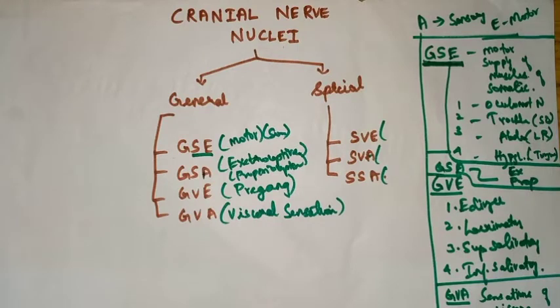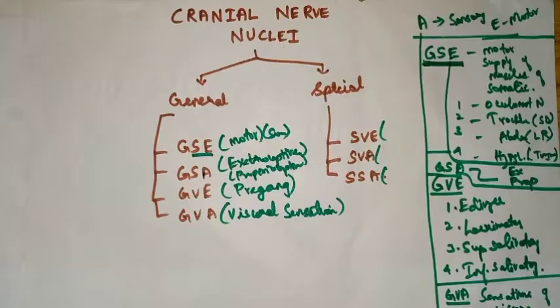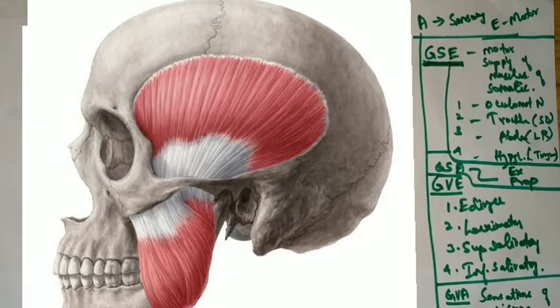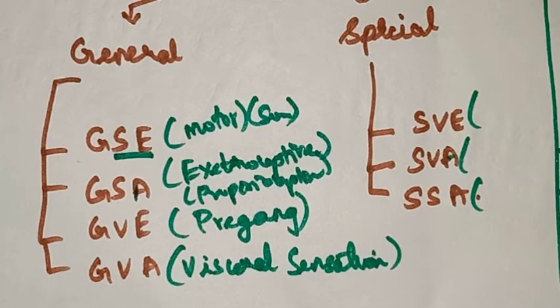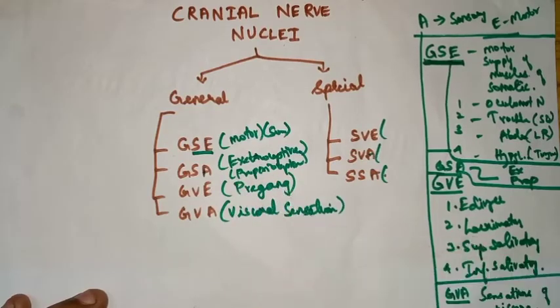Exteroceptive, to be simple, is the sensation from the external surface like touch, pain, temperature, etc. Proprioceptive is sensation from the muscles of mastication, or to be precise, any stimulus from the external environment. For example, when you are eating and you get a stone inside your mouth, your teeth will sense it. That is an example of a proprioceptive sensation. So GSA focuses on exteroceptive and proprioceptive sensations.